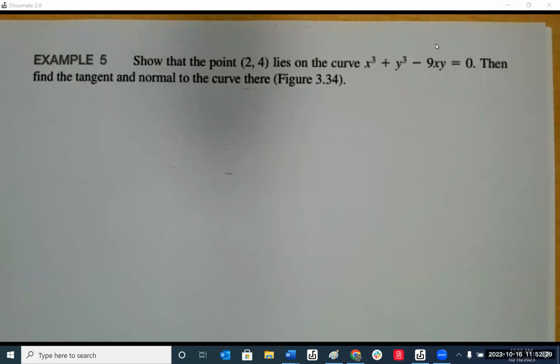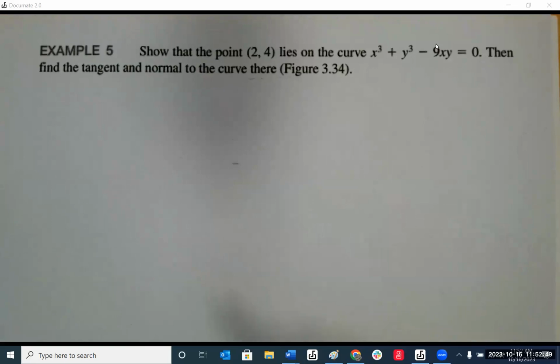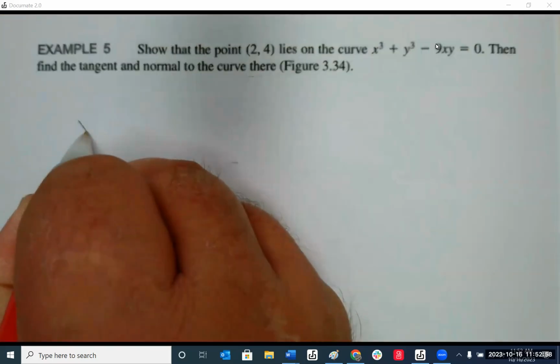Okay, let's see. This last section deals with lines, tangent lines, and normal lines. Where's example 5? Oh, well. Let's look at what we have.